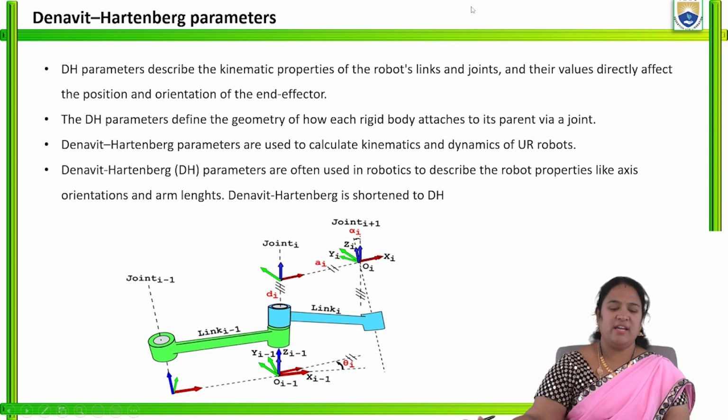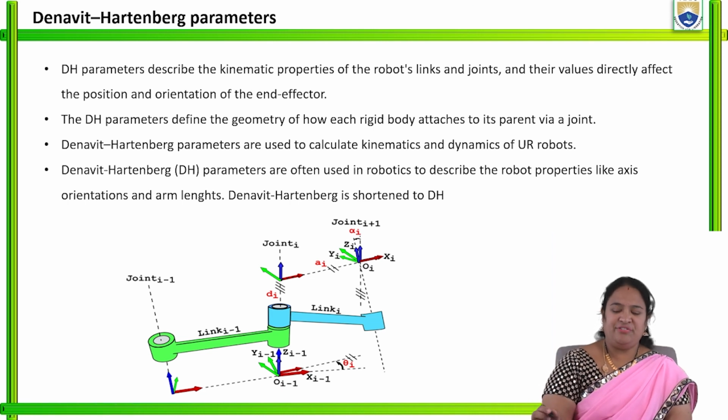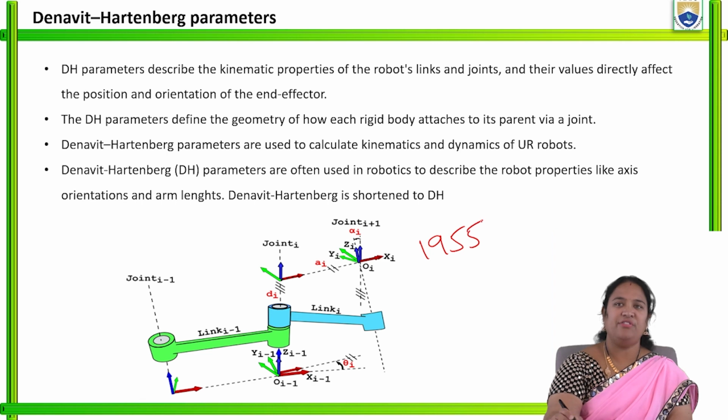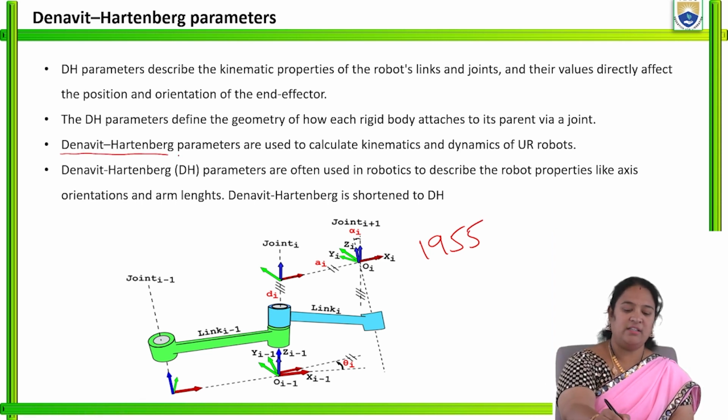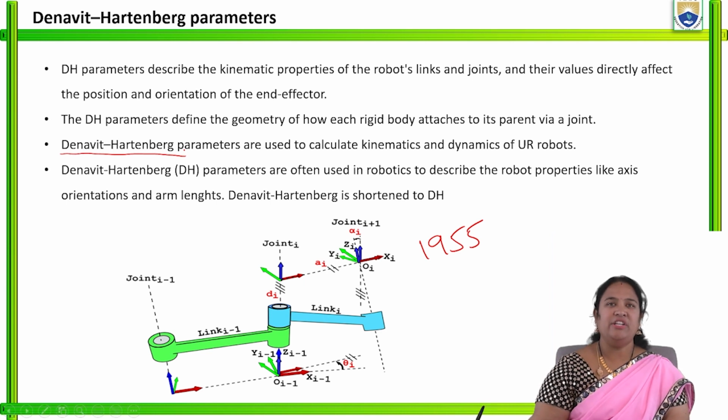Firstly, what is DH parameter? What do you mean by Denavit and Hartenberg parameter? In 1955, a scientist called Denavit and Hartenberg introduced the matrix in order to find out the position and orientation of the robot's manipulator, right?